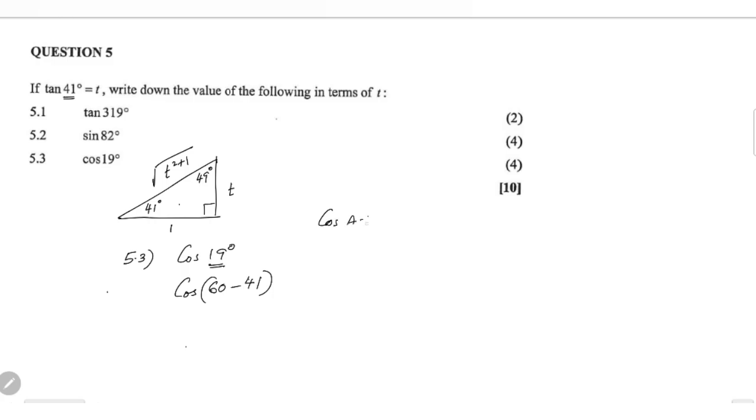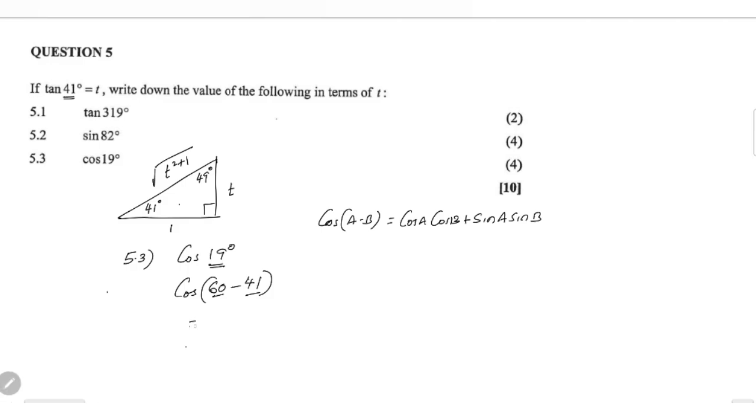Cos(A minus B) is cos A cos B plus sin A sin B, isn't it? Replace A with 60 and B with 41. You will get some trigonometric ratios for 60 and 41, substitute them in, and you will get the answer.